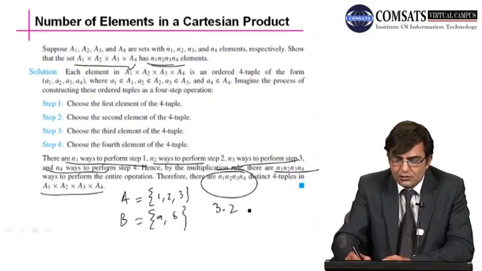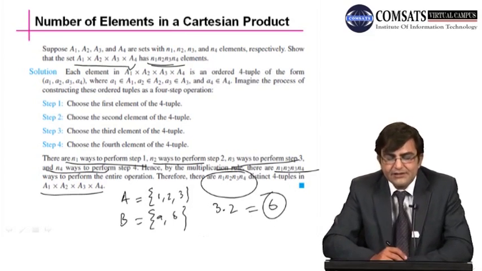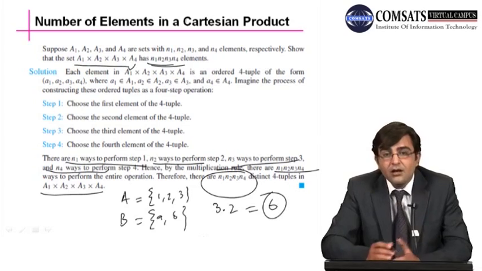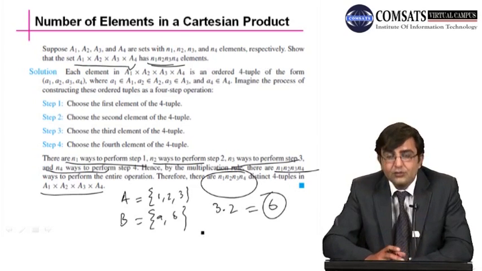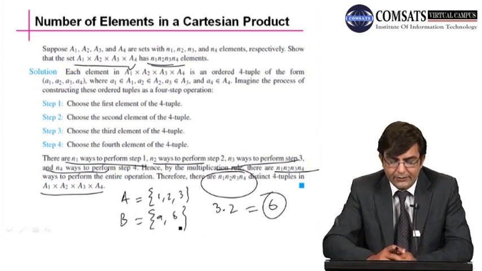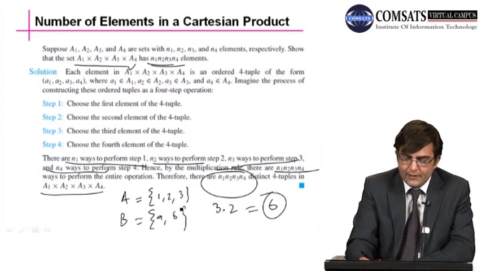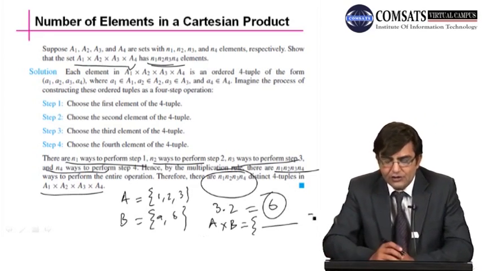So there must be 6 elements in the Cartesian product of A and B. Now you can calculate the Cartesian product, and verify that there are only 6 elements in A cross B. You can calculate and verify this yourself.